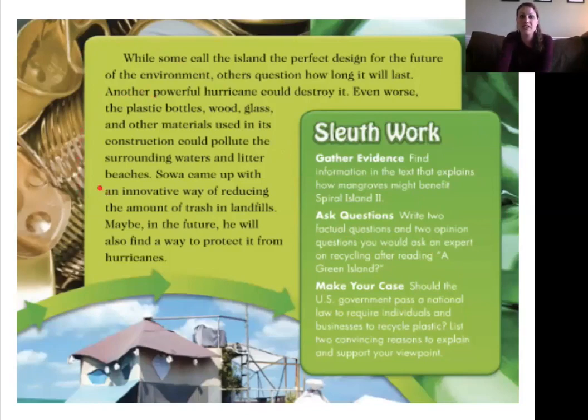Secondly, even though Soa is keeping the recycled plastic bottles out of landfills, there's always the chance that if this material were to wear away, it would end up polluting the ocean or the beaches nearby. So I like that the author is ending by encouraging us to think of questions about how Soa might come up with solutions to some of these problems.